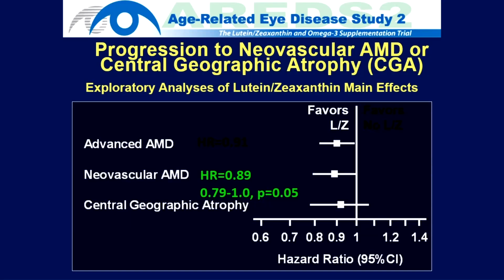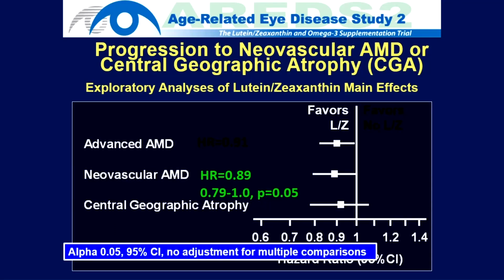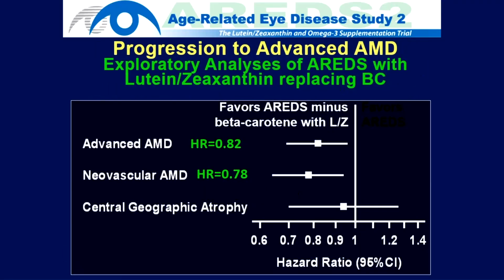What about AREDS2? Well, again, no evidence that when you look at lutein zeaxanthine, which was a new supplement tried in AREDS2, that it had any protective effect for central geographic atrophy, even when you adjust for multiple comparisons. And there were exploratory analyses looking at what happens if you use lutein zeaxanthine in place of beta-carotene.